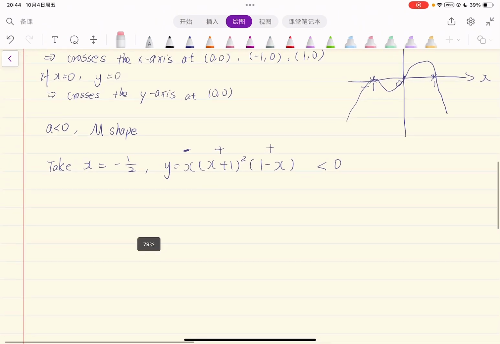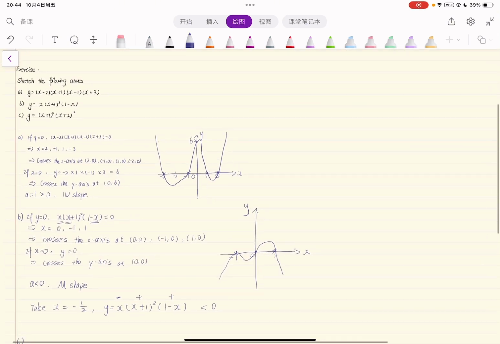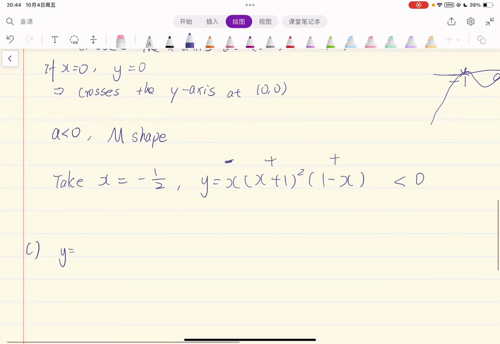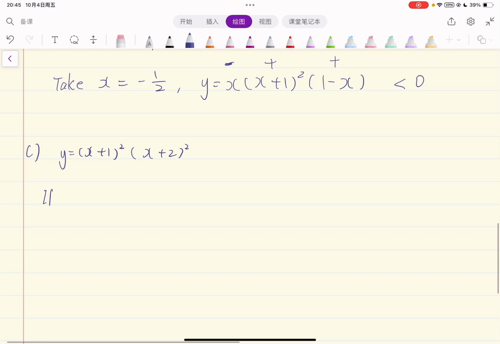Now move on to the part C question. We have the function y equals (x plus 1) squared times (x plus 2) squared. If y equals 0, then (x plus 1) squared times (x plus 2) squared equals 0, which implies x equals minus 1 or x equals minus 2.